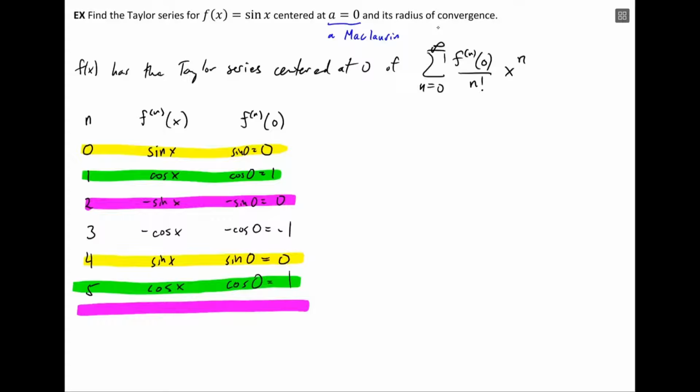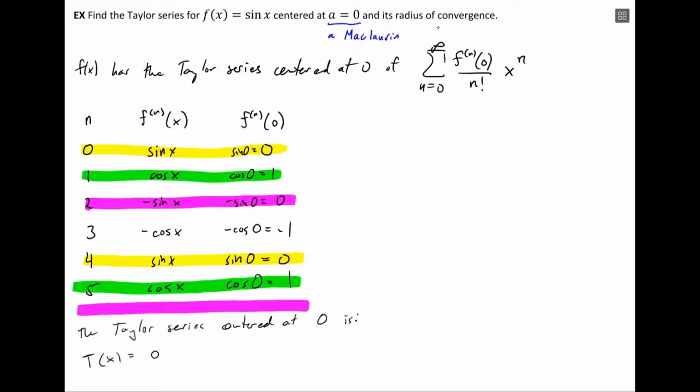So the Taylor series centered at 0 is going to be, I'll call it t of x. It'll be the very first term, which is a 0.